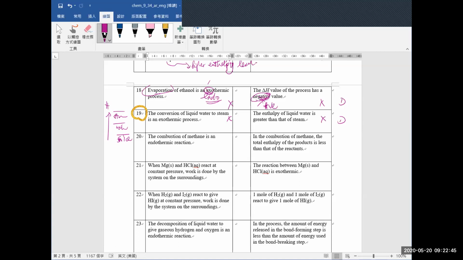Okay, 20. The combustion of methane is an exothermic and endothermic process. In the combustion of methane, the total enthalpy of the product is less than that of the reactant. What do you think?